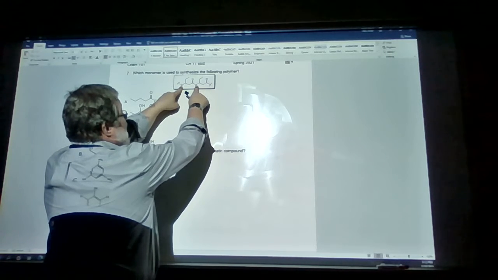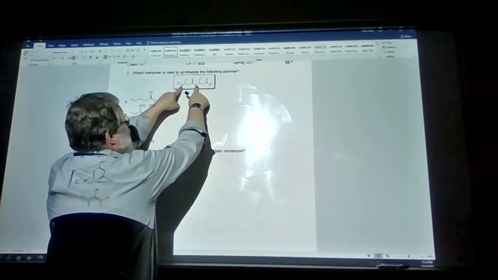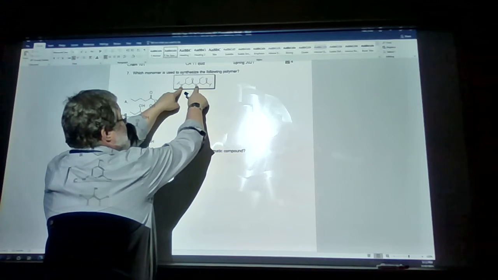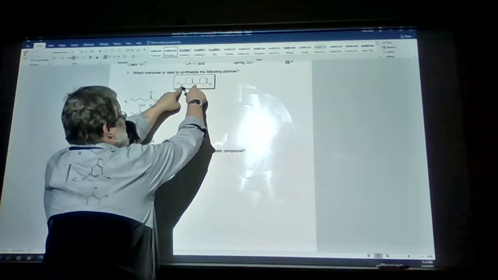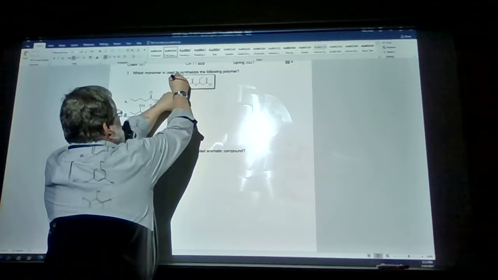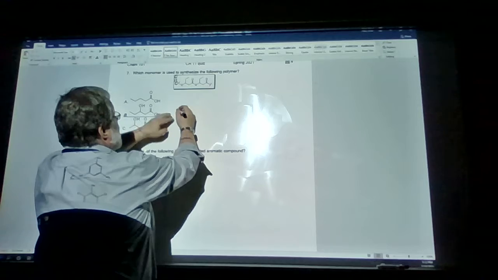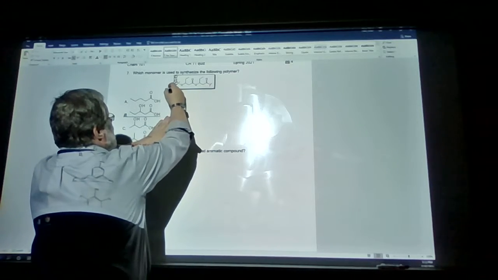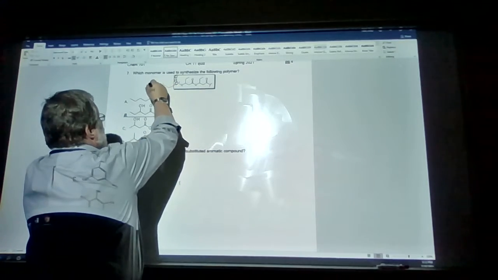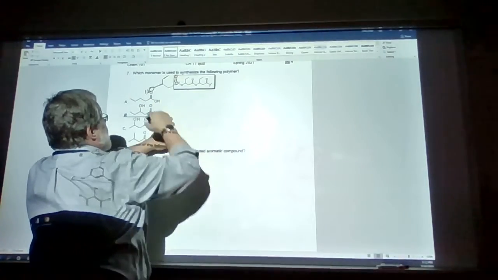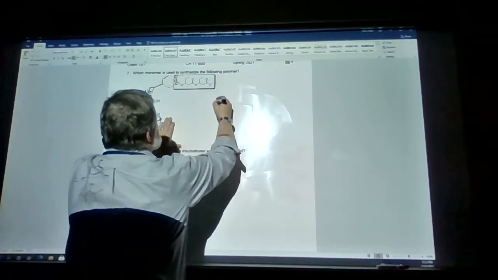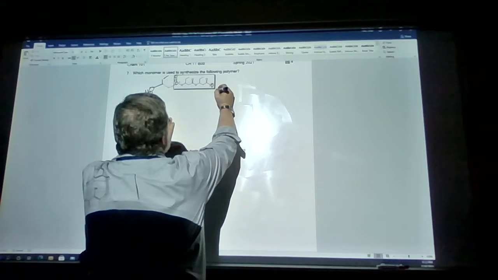So here and here are where the monomer units are defined. This oxygen right there, C double bond O, down, up, O, H, up, up, O.